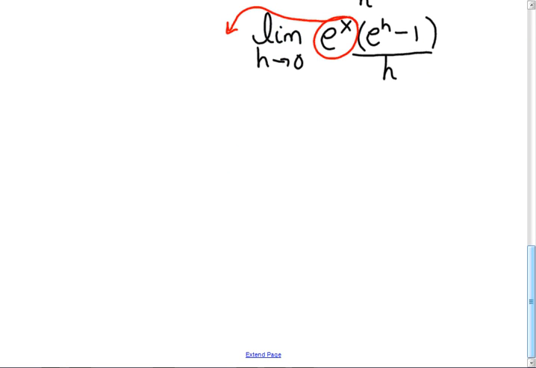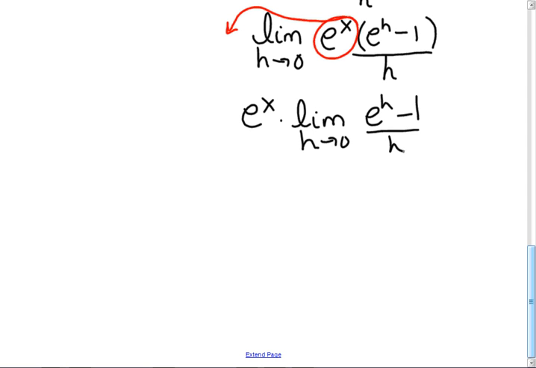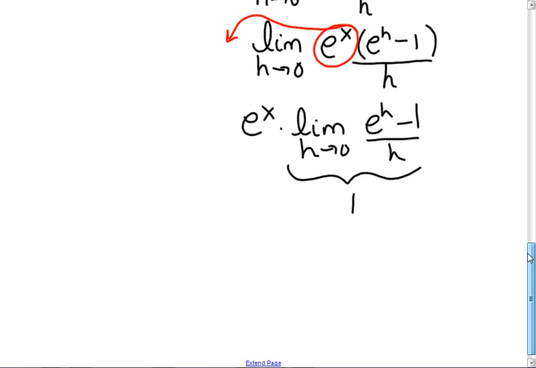So this is e to the x times this limit. And I can't think of an easy way, because I haven't thought much about it, to prove that that's equal to 1. But you could graph it, and that will be equal to 1. So the derivative of e to the x is e to the x. Kind of interesting.